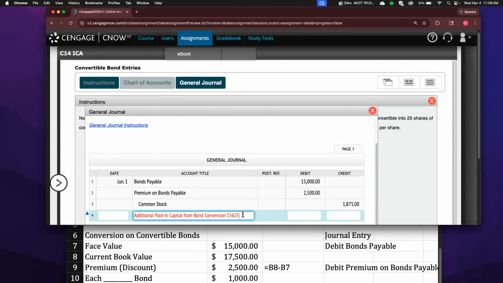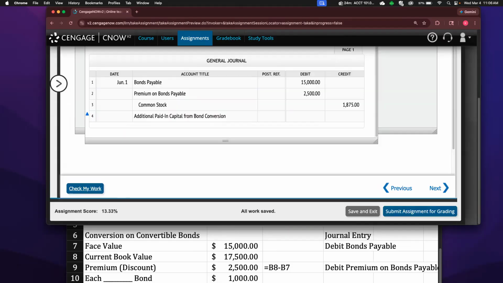Oh, I didn't go over. Let's fix that. If we added our debits and credits up, it should get $17,500. And remember, our market price there, totally irrelevant under our book value method.